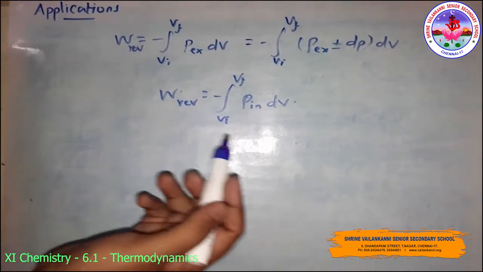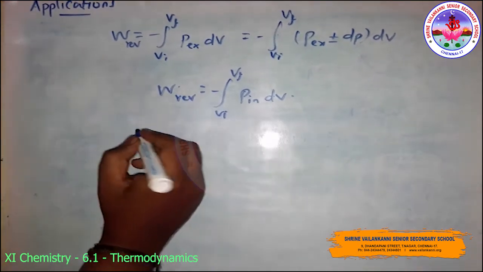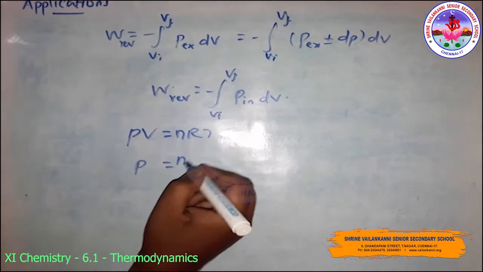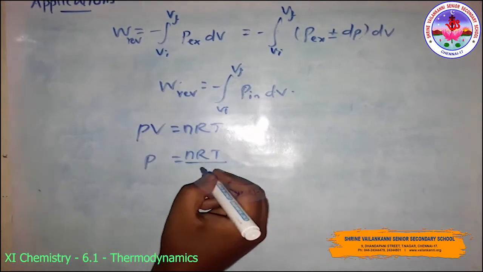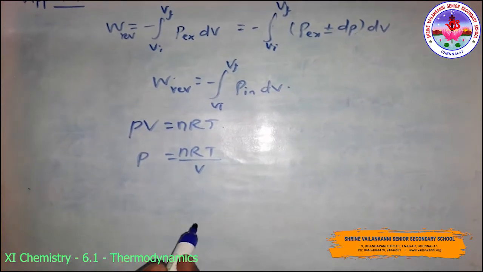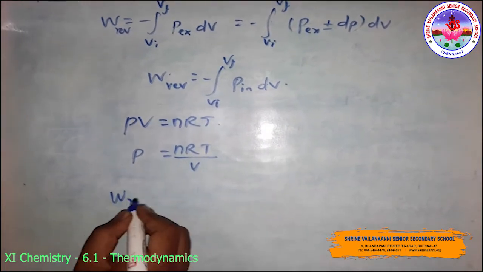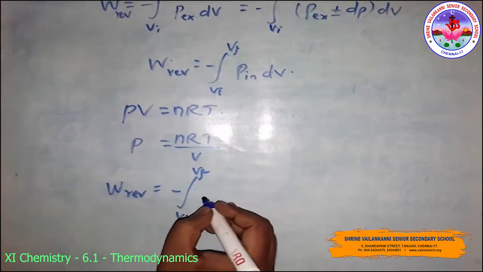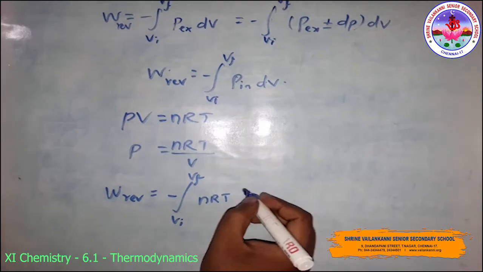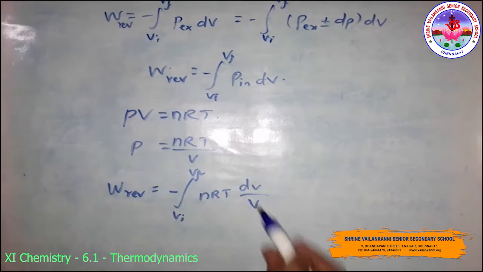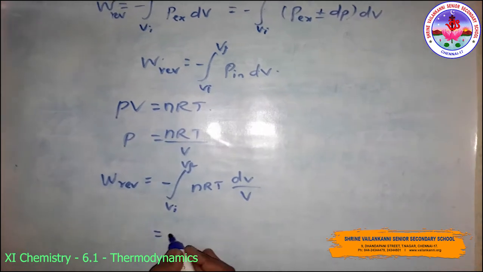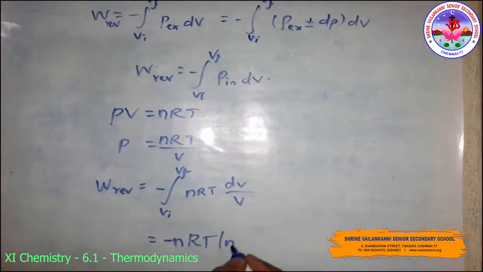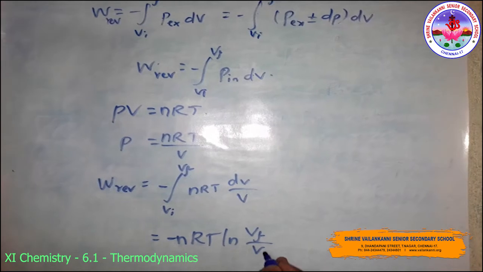For n moles of an ideal gas, PV is equal to nRT, so P is equal to nRT divided by V. Therefore at constant temperature, that is the isothermal process, W reversible is equal to negative integral from Vi to Vf of nRT dV by V. Taking integration, W is equal to negative nRT ln Vf divided by Vi.